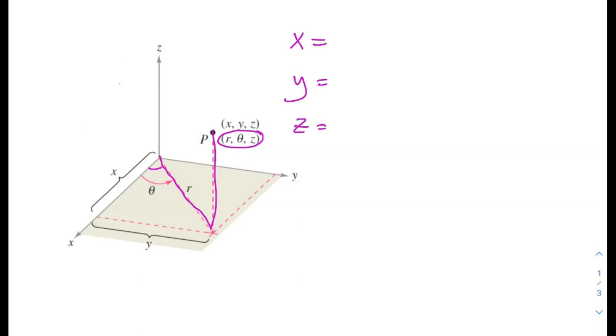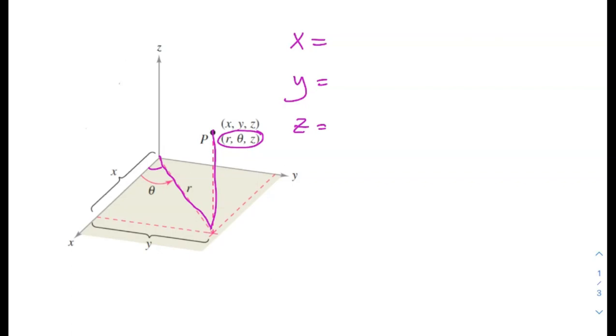These formulas: x is a function of r, theta, z, y is a function of r, theta, z, and z is a function of r, theta, and z, so that we would be able to just plug in the values of r, theta, and z, and it would give us x immediately, it would give us y, it would give us z.